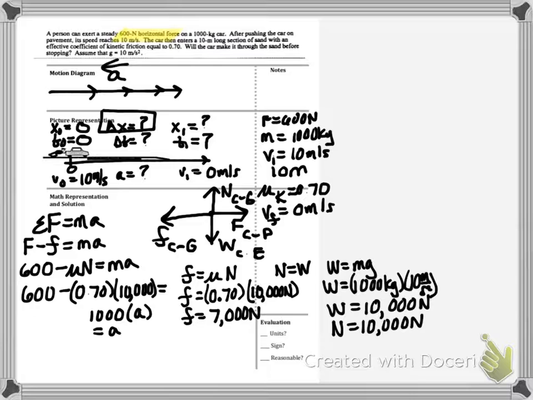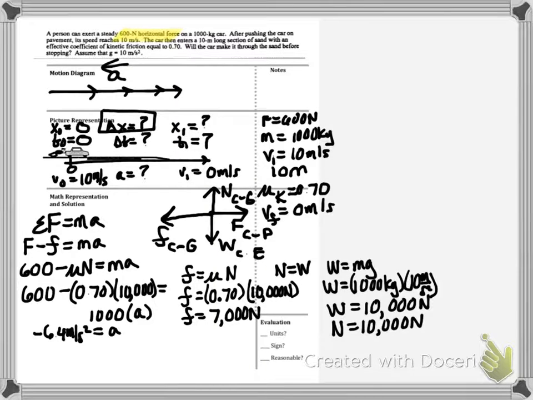So now I can solve this for a, because the whole left side is just putting numbers in the calculator. And then divide by 1,000 to get a by itself. So I get that the acceleration is negative 6.4 meters per second squared.